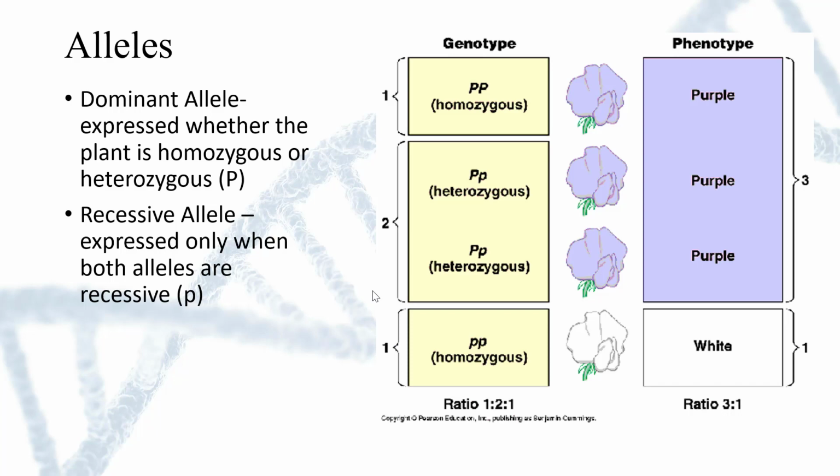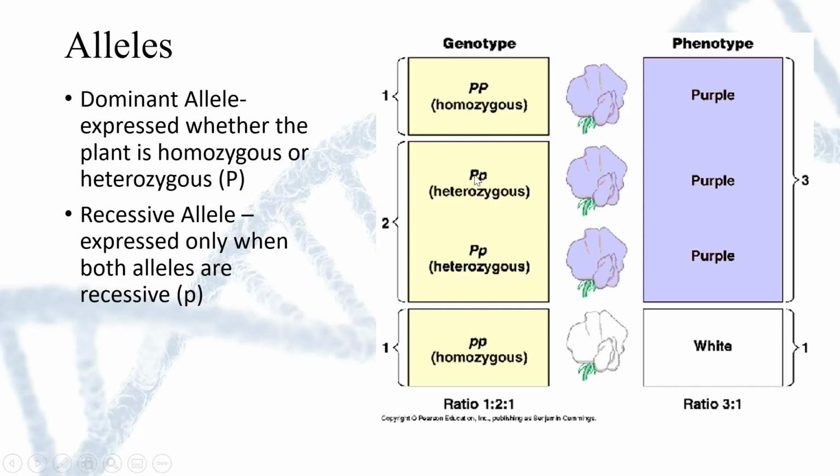So now we're looking at pea flower color, and we see that the capital P is going to code for purple flowers. Well, if we have capital P, that's homozygous, we're going to get purple flowers. But also if we have these heterozygous genotypes where we have a capital P in each one, but the other allele is a lowercase p coding for white flowers, that capital P is dominant.